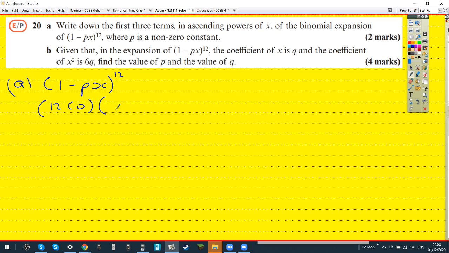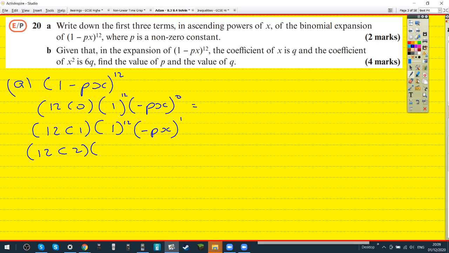Choose 0. So what would be the last one for this one?